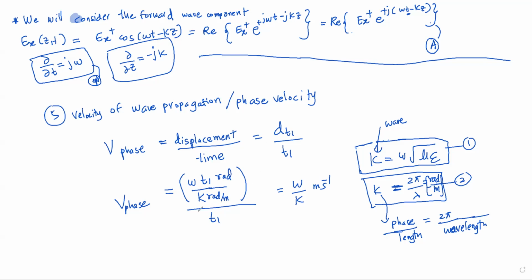With that, I find the amount of distance that I have traveled in the time duration t1. So I find this as the solution for the wave velocity. This is the wave velocity equation. If you are given the values of omega and k, you can find the velocity value of the wave.